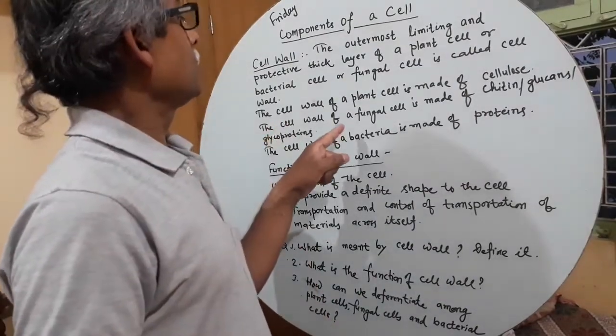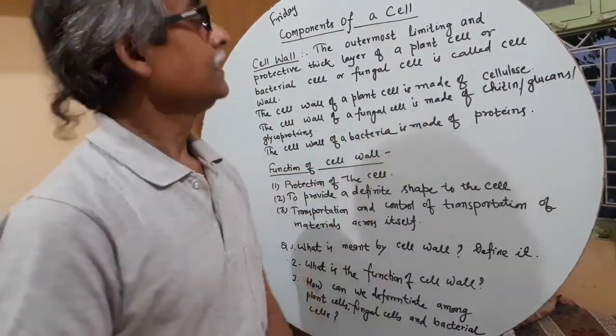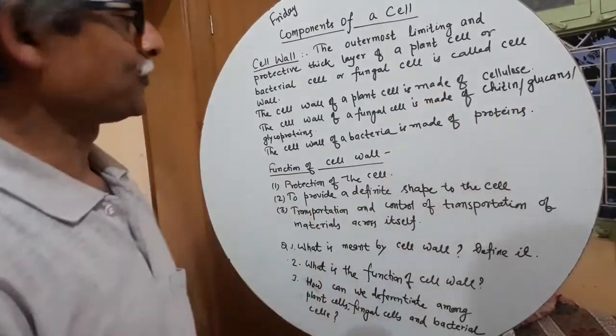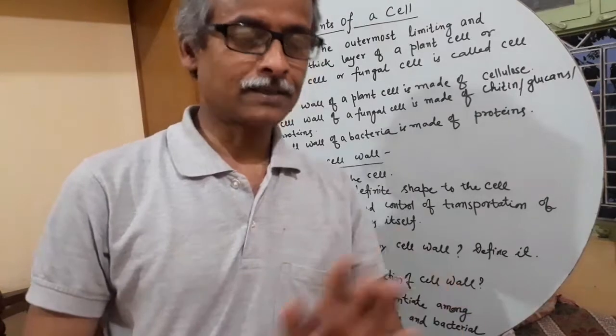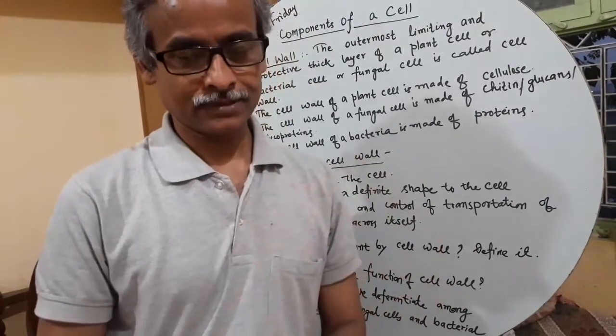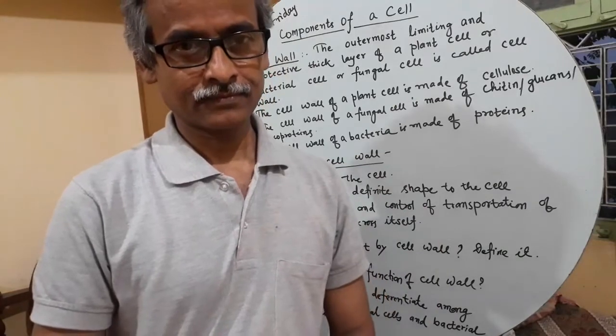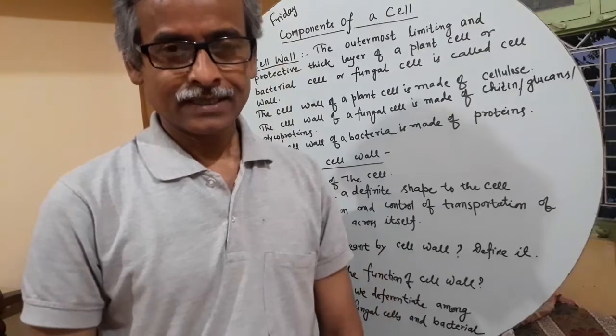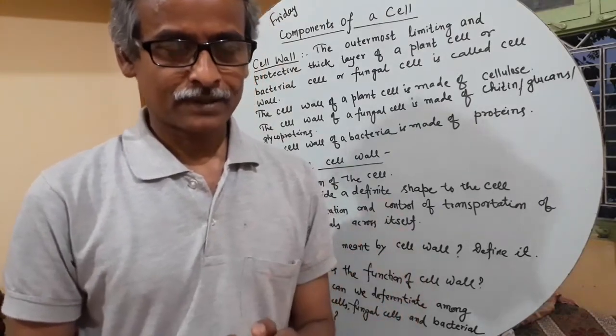The cell wall of a fungal cell is made of chitin, glucan or glycoproteins. That is fungal cell, that is the cell of a fungus, just like yeast, just like agaricus. These are fungi.